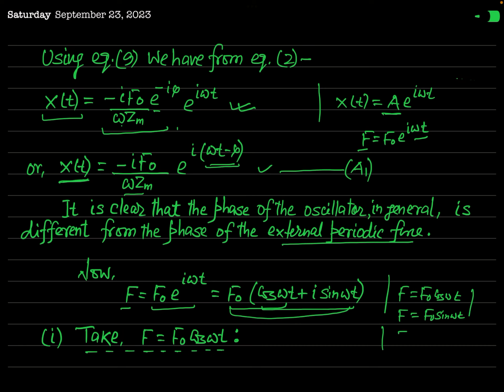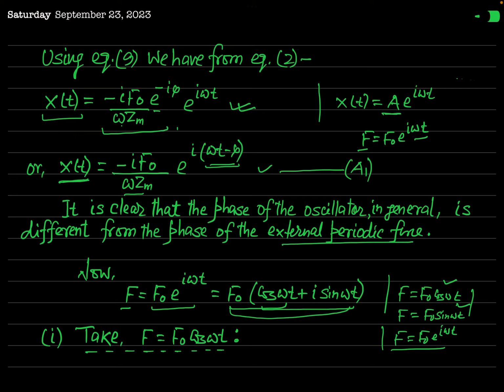But I have taken earlier F equal to f naught e to the power i omega t. This has been taken for getting the most general result, because when you take F equal to f naught e to the power i omega t, you are taking both the real part, f naught cos omega t, and the imaginary part, f naught sin omega t.